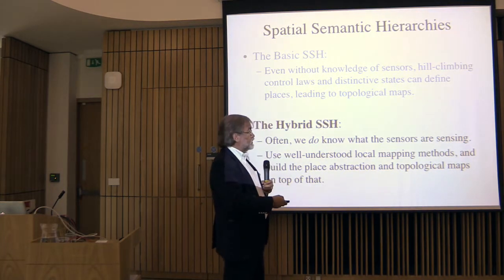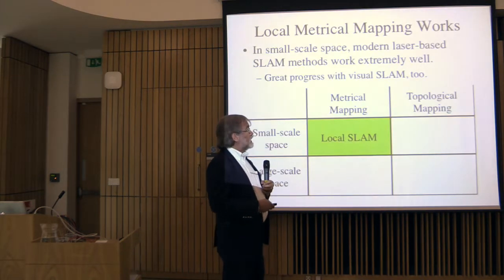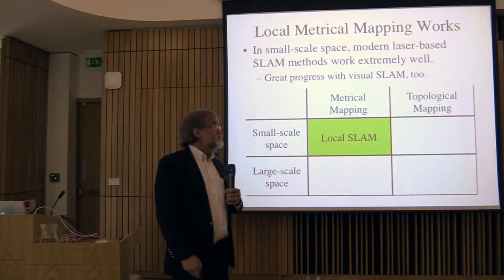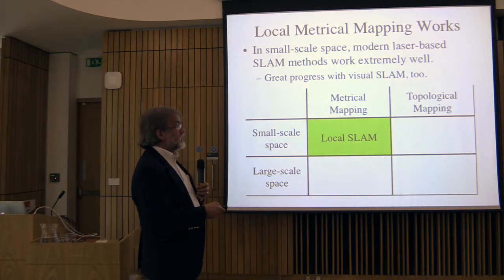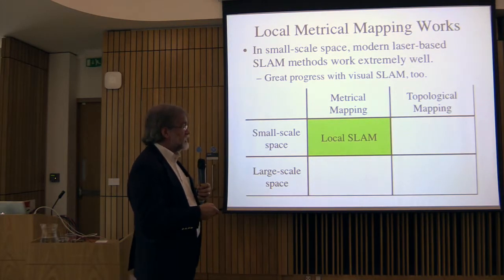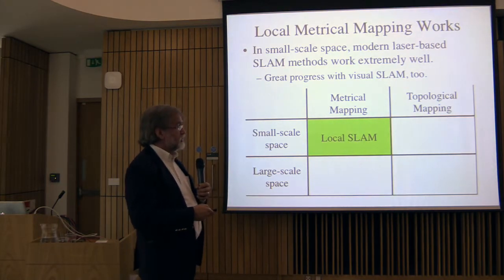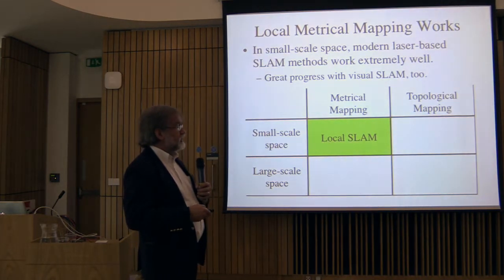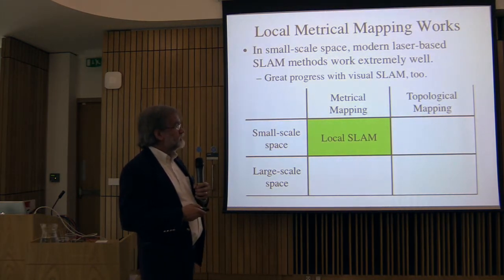And so we created this thing called the hybrid spatial semantic hierarchy. And what it does is it uses the ontology and the scale that I described earlier. We look at small scale space and large scale space and metrical mapping and topological mapping.